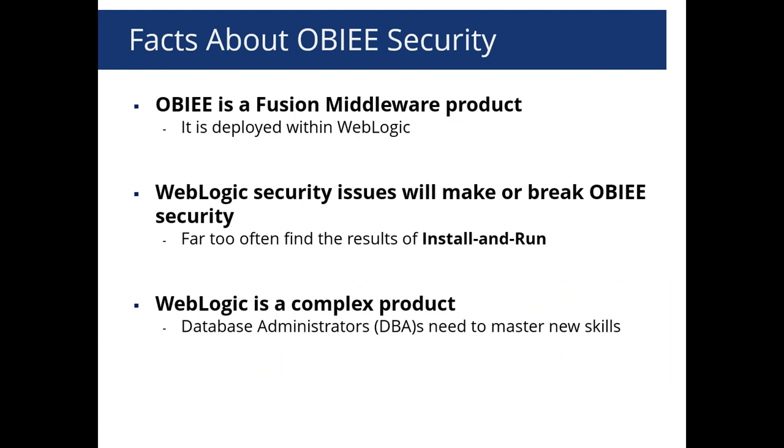So to start the conversation, OBIEE is a Fusion middleware product. It sits within WebLogic, and everything to do with how you begin to secure OBIEE really starts with how you begin to peel back the onion of how WebLogic has been implemented and what steps have been taken to secure that. Far too often, not surprisingly, what we find is what we term the install and run.